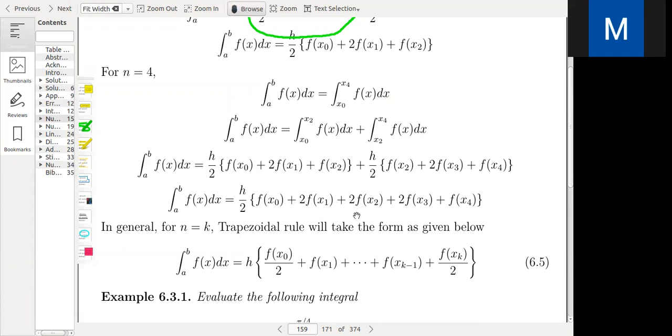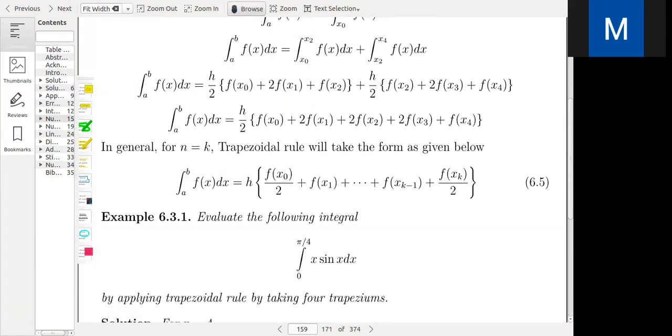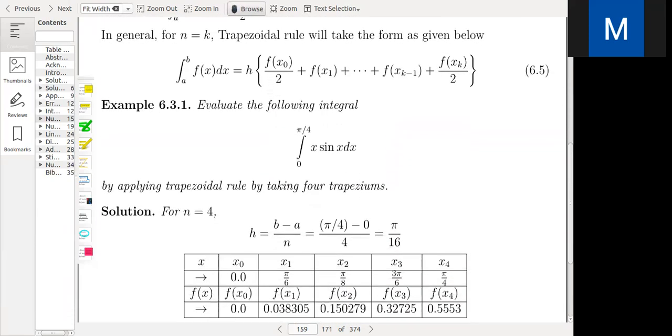So it is easy to generalize: we just remember that the first and last terms are not multiplied by anything other than 1, and the intermediate terms are multiplied by 2. So we can also write it as h times f of x0 over 2 plus so on. It depends on the user how he likes to write it.